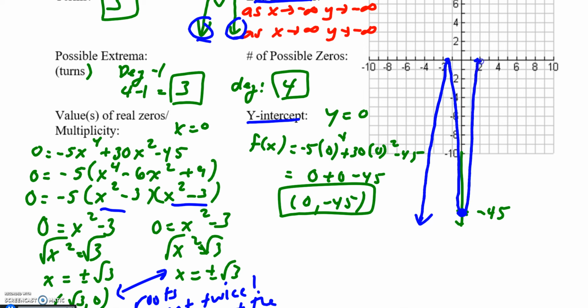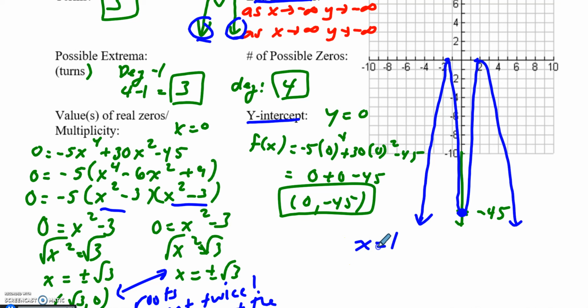It's going to bounce here because it also has a multiplicity of 2. And then my graph is going to come back down, which makes sense because my end behavior is pointing down twice. So this would be a sketch of what the graph would look like. But again, feel free to plug in points. My favorites are 1 and -1.